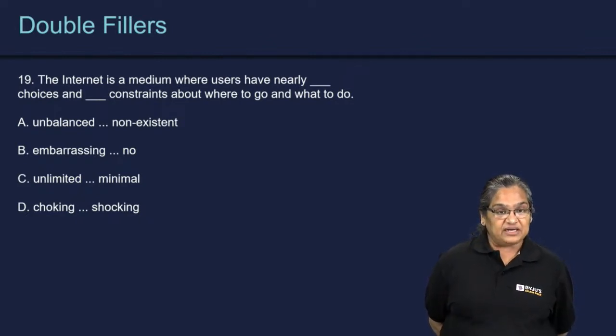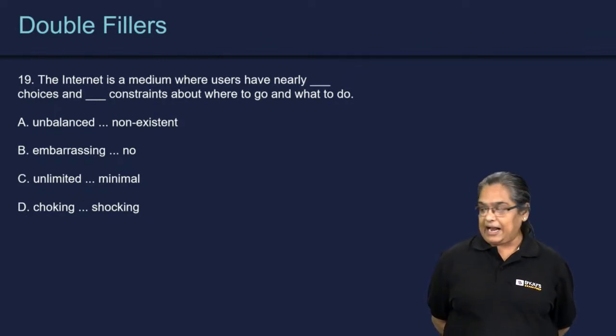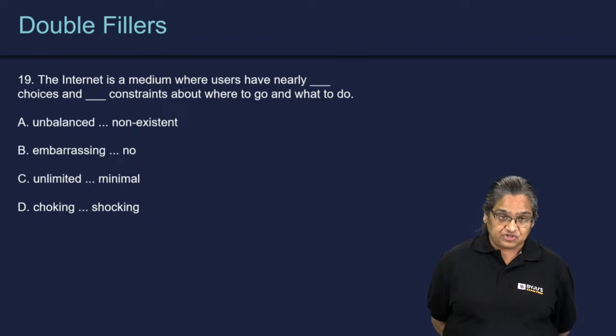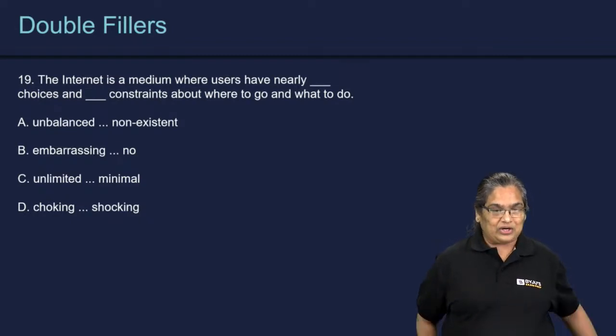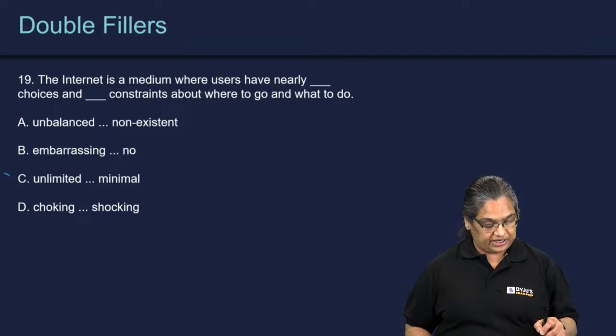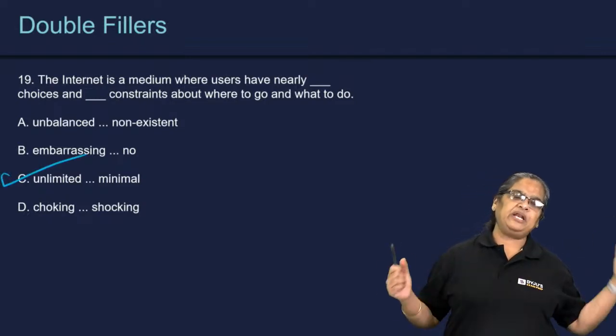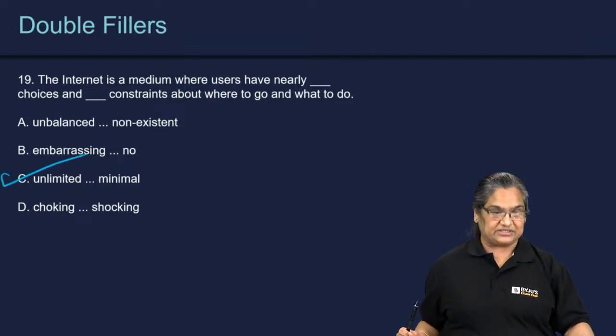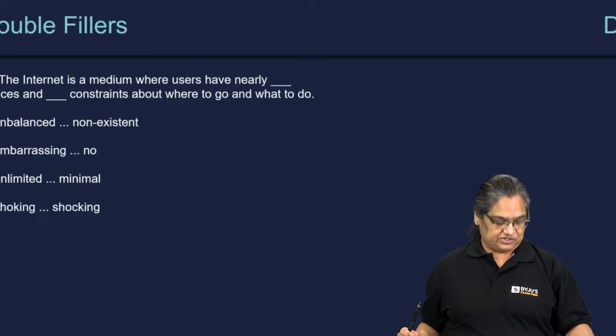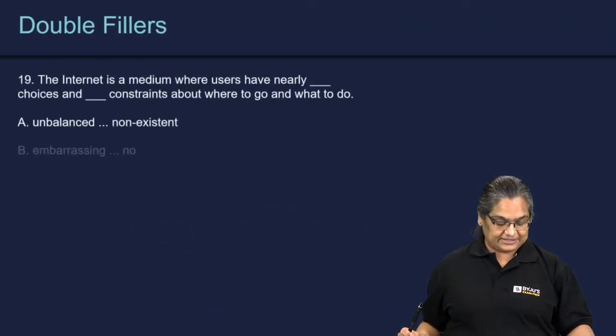Users have nearly dash choices and dash constraints. Unbalanced choices and non-existent constraints. Embarrassing choices and no constraints. Unlimited choices and minimal constraints. Or choking choices and shocking constraints. Yes. Too many choices, unlimited choices, and very few constraints. All right, excellent.